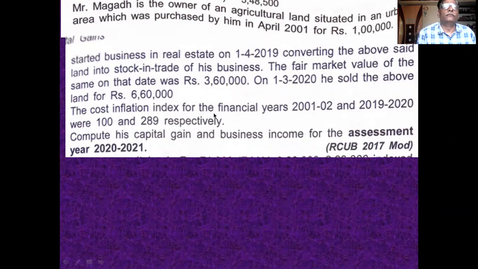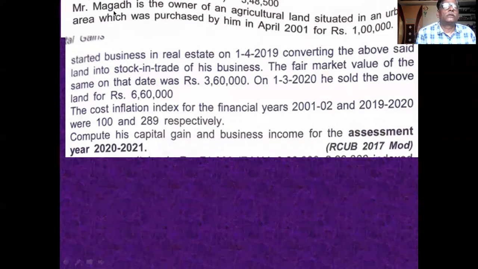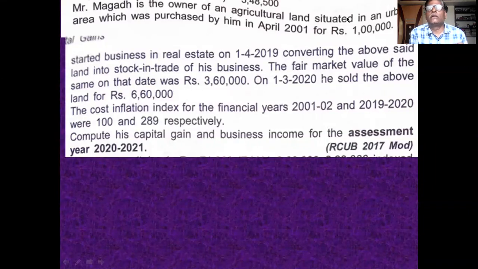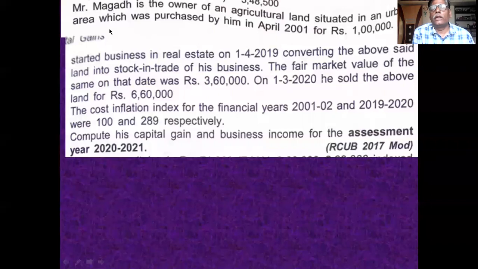You see the problem. In this problem, Mr. Magad is the owner of agriculture land. He is having agriculture land in urban area. And this was purchased in April 2001.